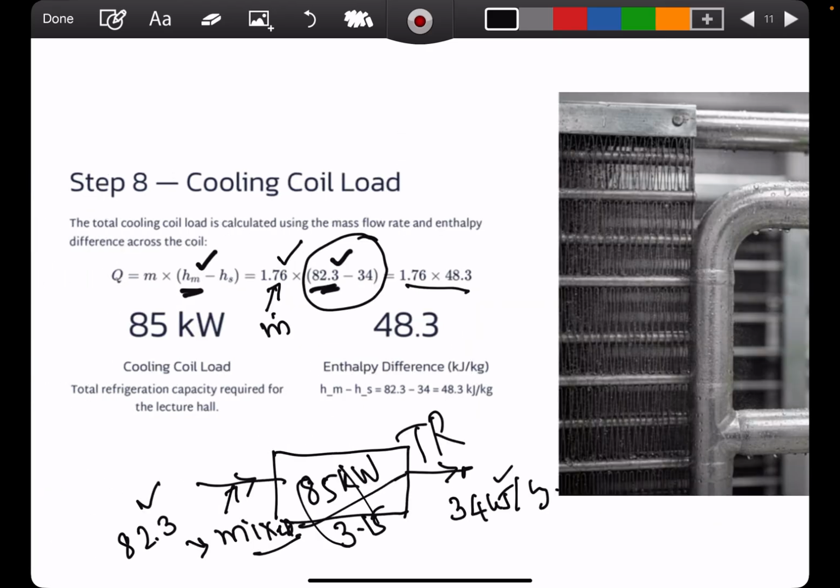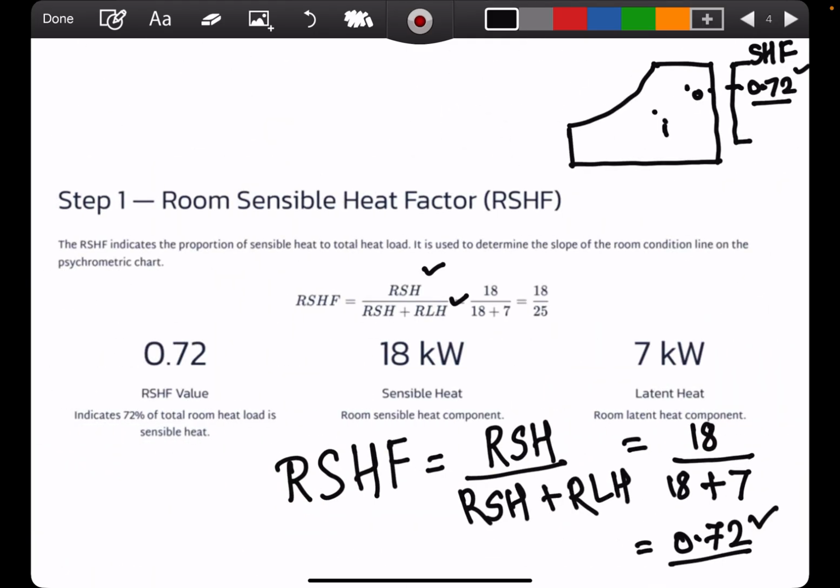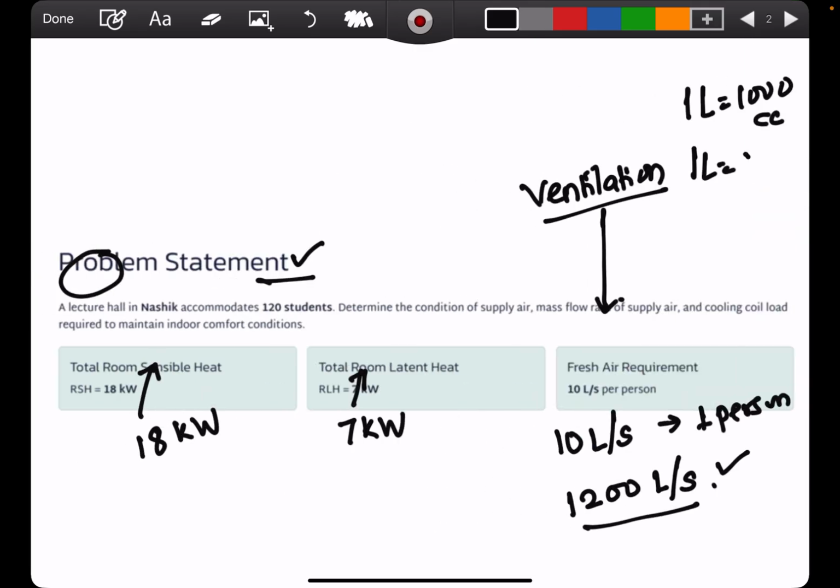This way we calculated the cooling coil load or cooling coil capacity in our first problem. Let me repeat what the first problem is. Here we are assuming that the bypass factor is 0, and we are designing a coil for a classroom having 120 students, whose sensible load is 18 kilowatt and latent load is 7 kilowatt.